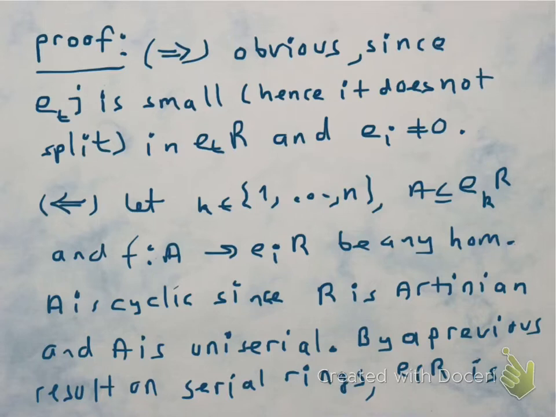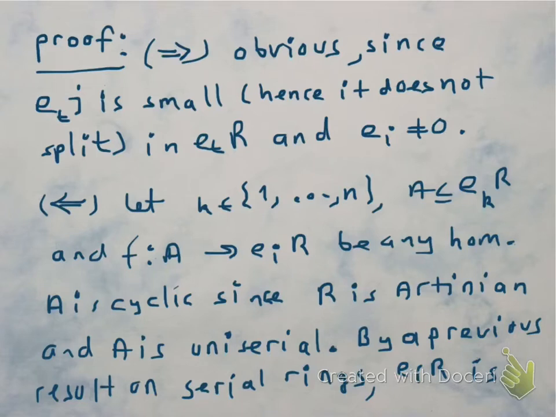We are going to use the definition of injectivity, and we will first prove that e_i R is injective relative to each of the e_k R, where k is an arbitrary index in this finite set. So take a submodule, or a right ideal, A inside e_k R and an arbitrary homomorphism f from A into our principal indecomposable.